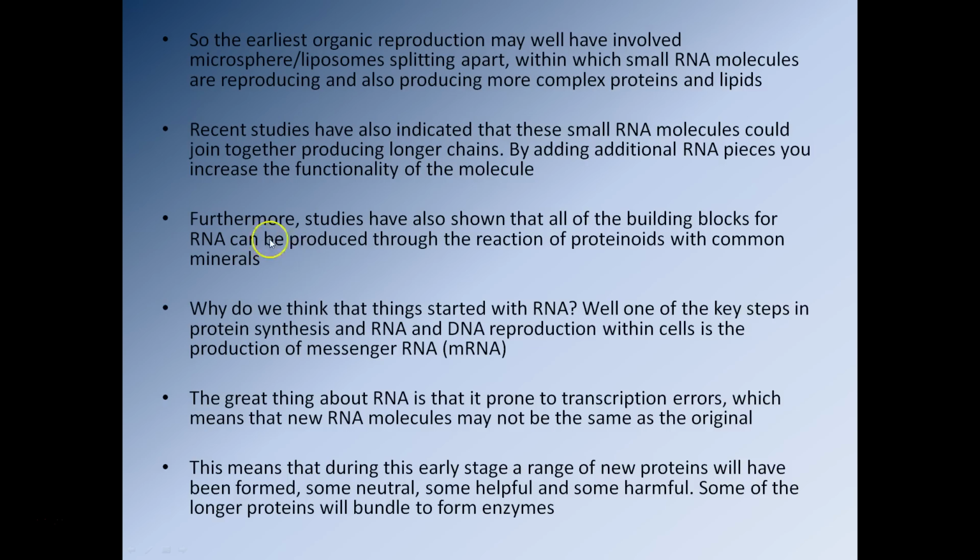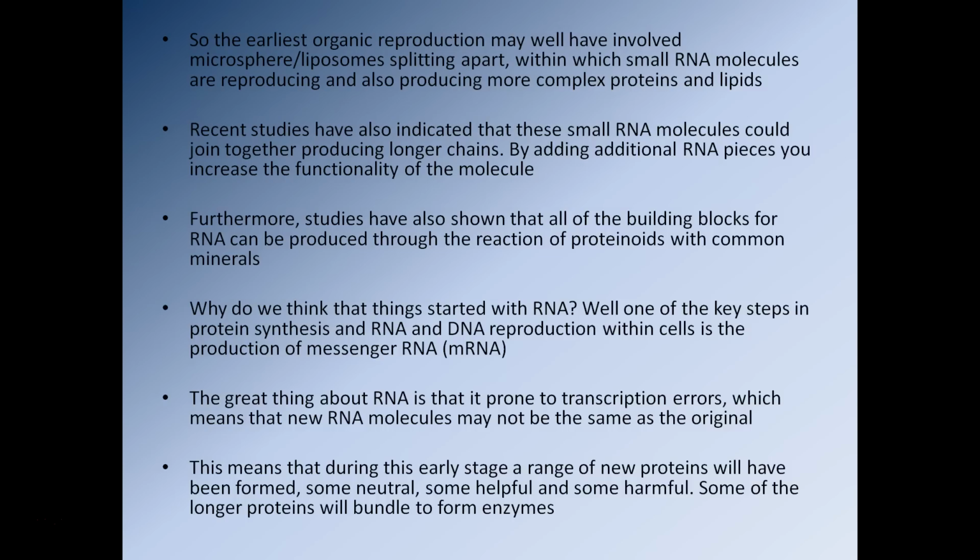Furthermore, studies have also shown that all the building blocks for RNA can be produced through the reaction of proteinoids with common minerals. So once again, the formation of RNA isn't a massive stretch. So the next question is, well, why do we think that things actually started with RNA? Why didn't they start with DNA? It's a rather obvious question.